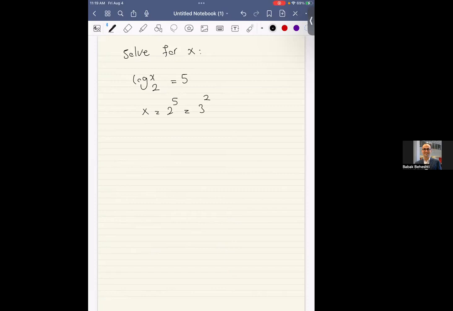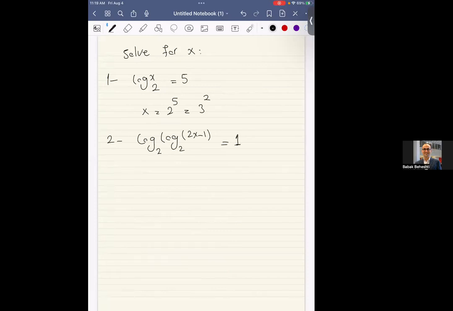Now, what if we have log of log of 2x minus 1 equal to 1?